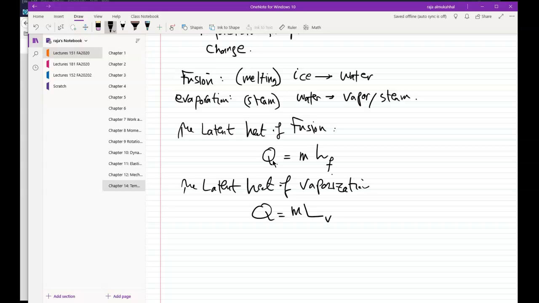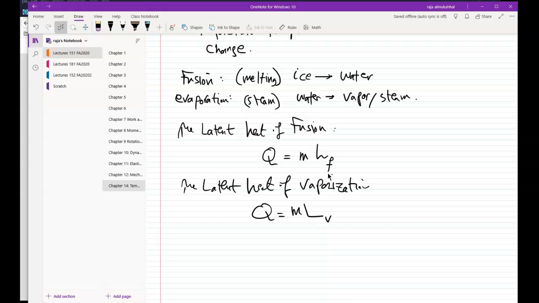So basically, it tells you how much energy I need to transition from ice to liquid, or even from liquid to ice. The converse is also true. It goes in both directions.